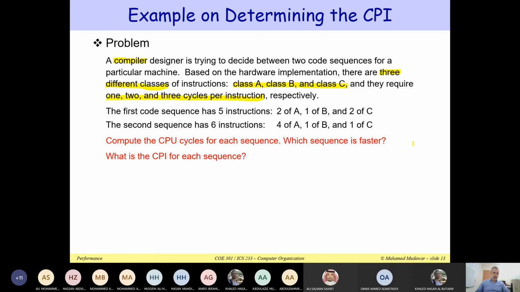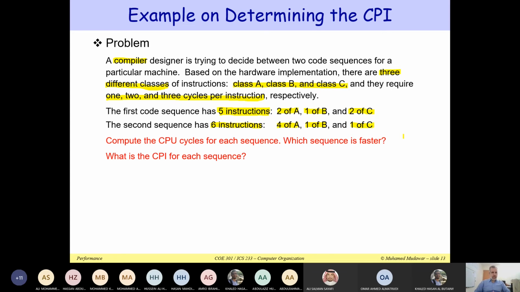The first code sequence has 5 instructions: 2 instructions of A, 1 instruction of B, and 2 instructions of C. The second code sequence has 6 instructions: 4 of A, 1 of B, and 1 of C.